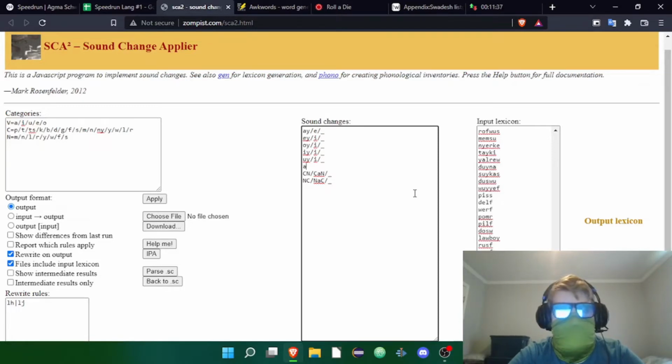And then we'll have I go to aw, eu go to u. Actually, let's have eu go to aw. Eu goes to u. Then o, of course, goes to u, and then so does u and w. So these go there, these go there, these go there. All right. That's 3 changes that we've done. We need 3 more.